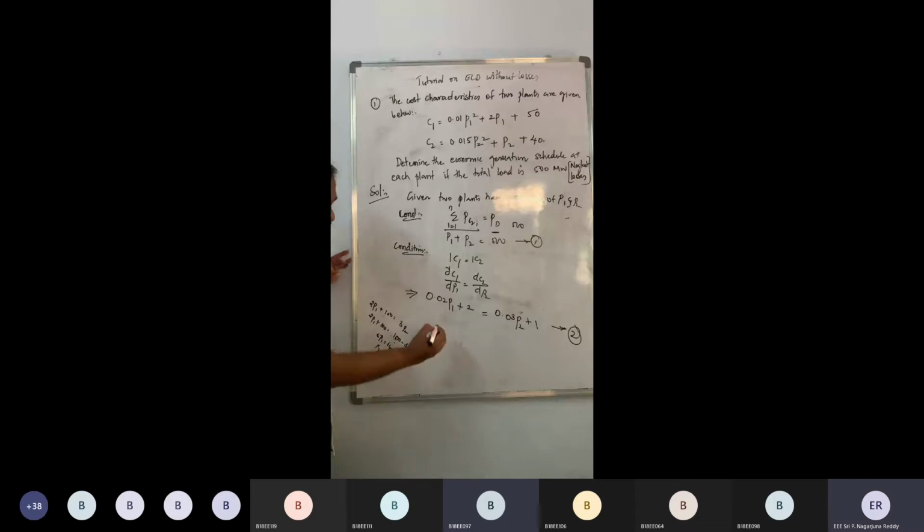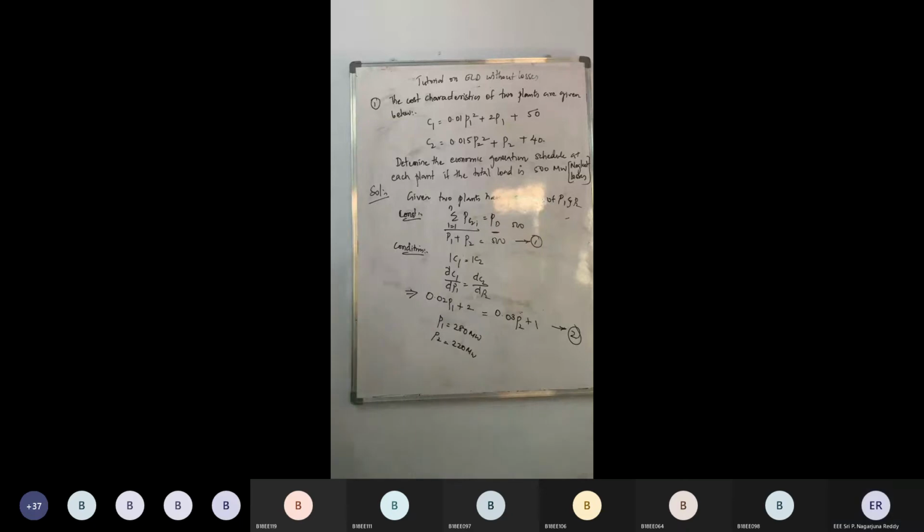P1 is 280. Okay. So P2 is 220 megawatts. Fine. So solving 1 and 2, I am getting P1 is equal to 280, P2 is equal to 220.